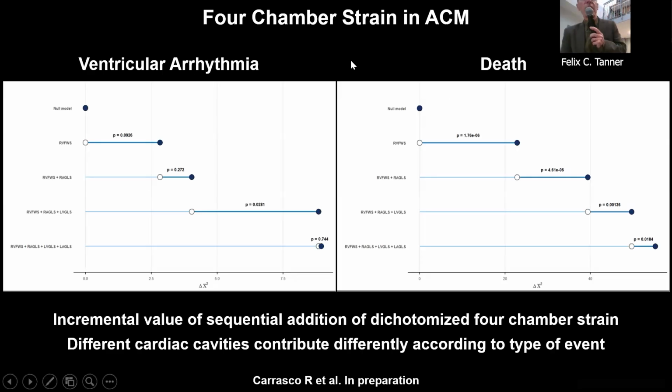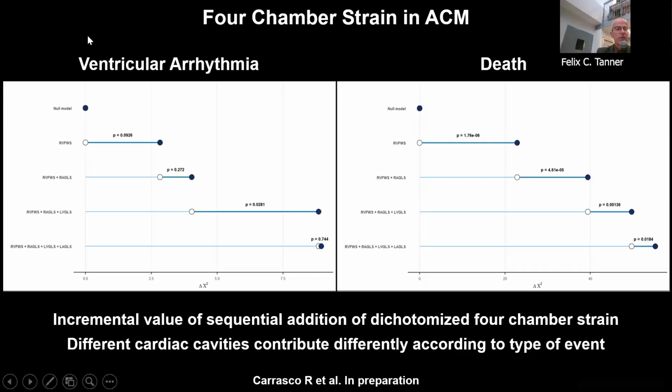So here you have ventricular arrhythmia risk, and here you have the mortality risk. So this is a clinical approach, and it is a dichotomized decision. So we always just assess the risk by looking at, is the strain normal or abnormal?